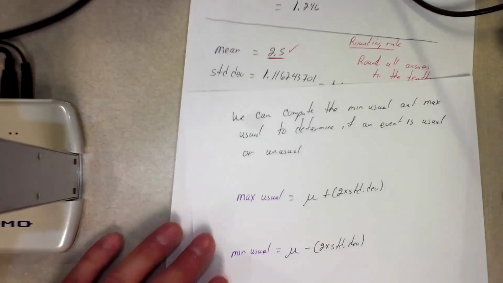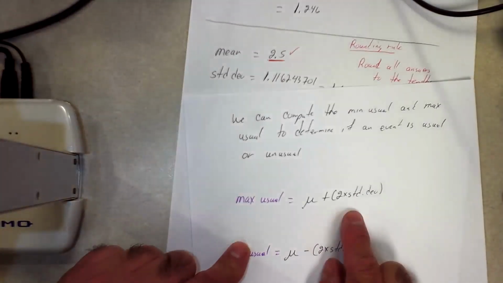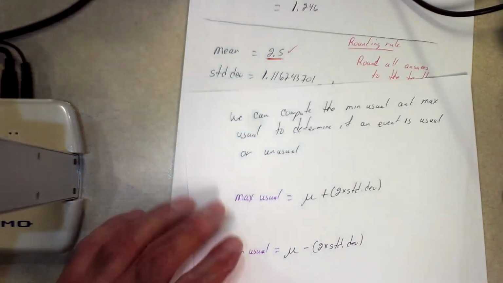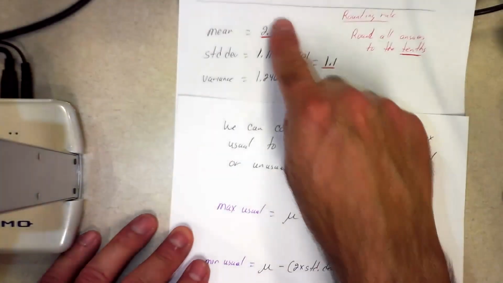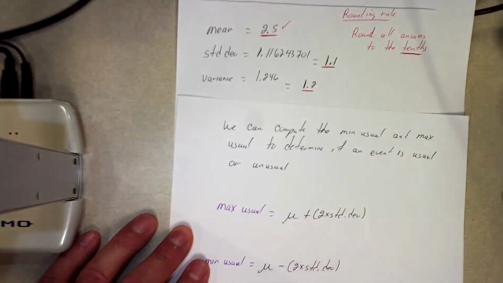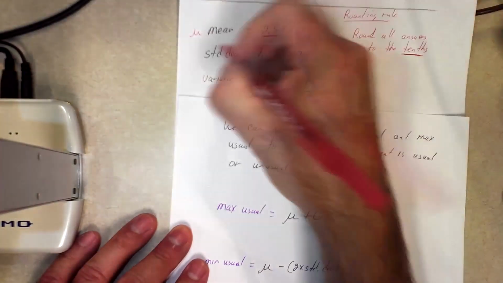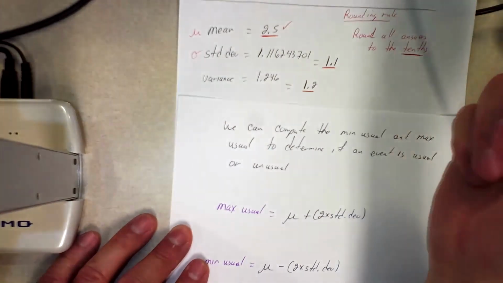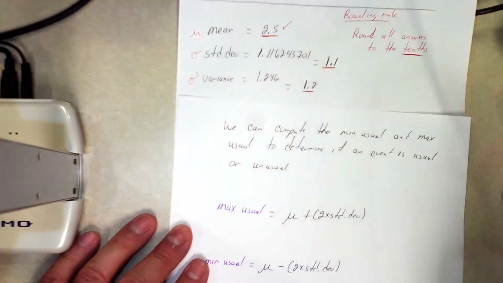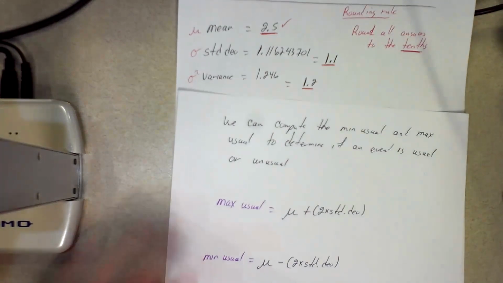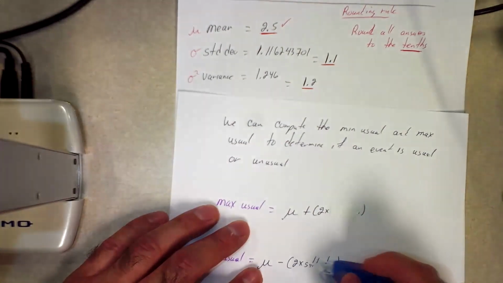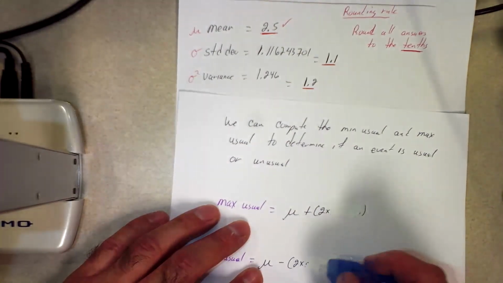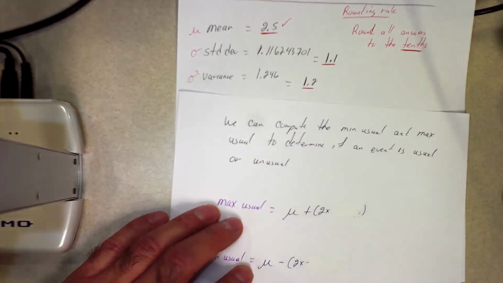Now, in order for us to do that, of course, you have to compute the mean and standard deviation, right? That's why we had to do it. So based on our result from our table, I can plug these numbers into my formula. As you recall, mean was mu, standard deviation was sigma, and variance was sigma squared. I should have written standard deviation with the sigma instead of words. My bad. I have to be consistent, right? If I use mu, I have to use sigma.